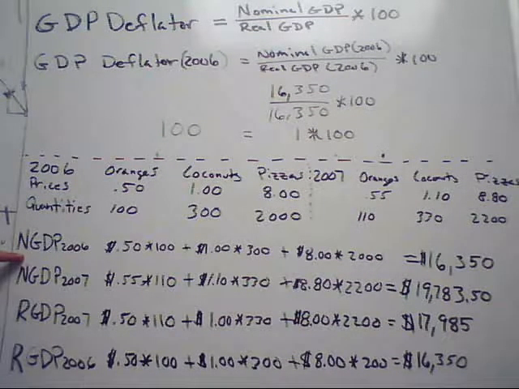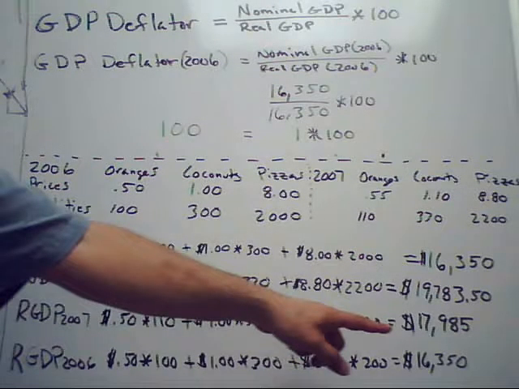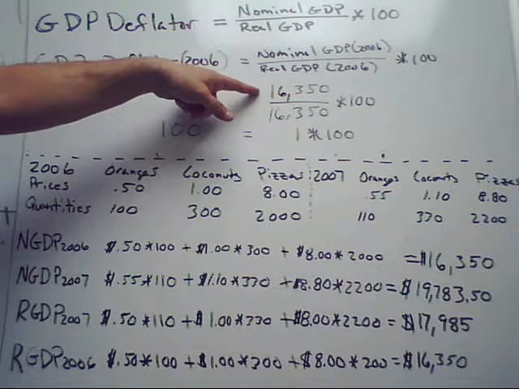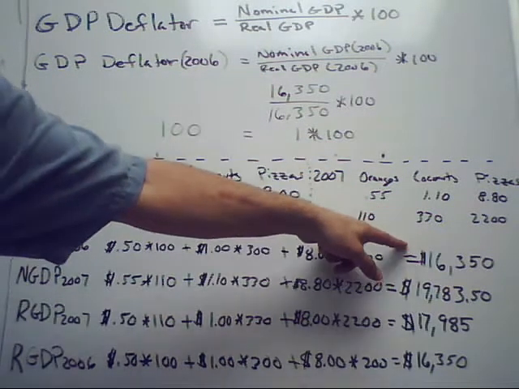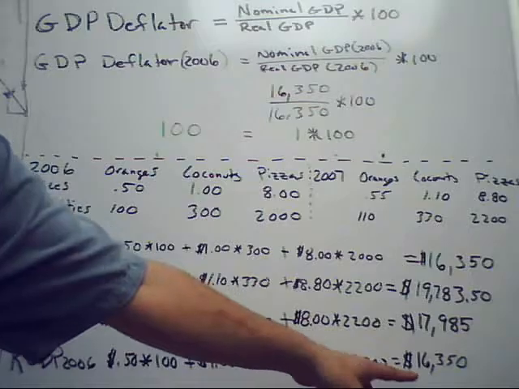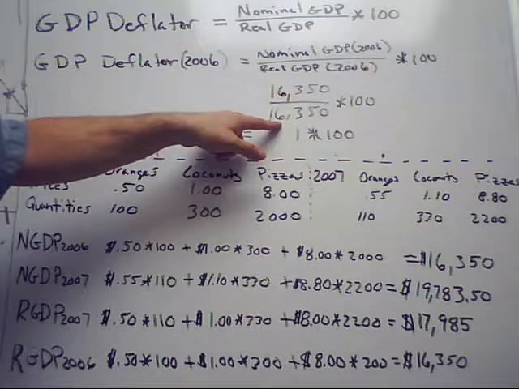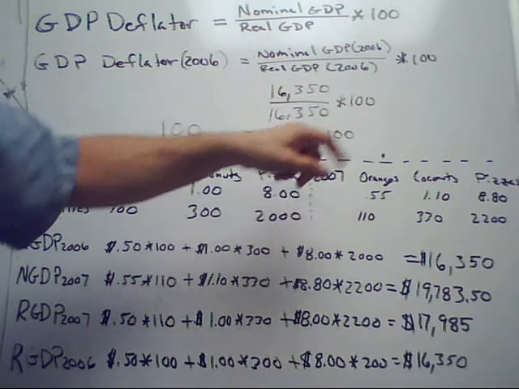And if the base year were 2006, I also calculated real GDP in 2006, and that gave me this value. So my nominal GDP was 16,350, my real GDP was 16,350, and I multiply that by 100.